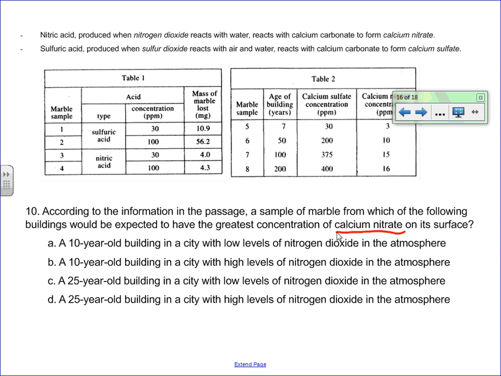D, a 25-year-old building in a city with high levels of nitrogen dioxide. Why D? Because the more the building is exposed to nitrogen dioxide, the more calcium nitrate. Nice. All right, not only is it older, but there's also more nitrogen dioxide. Well, that's not a good place to be.